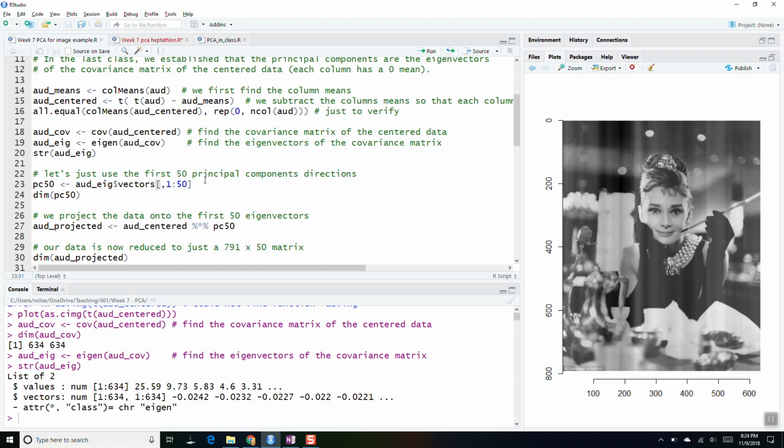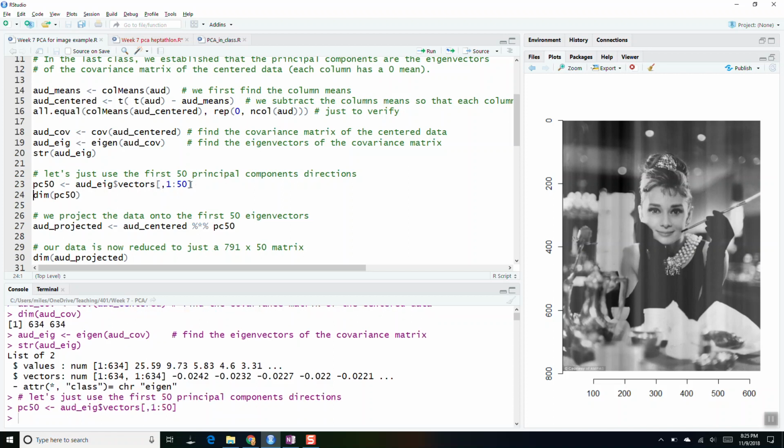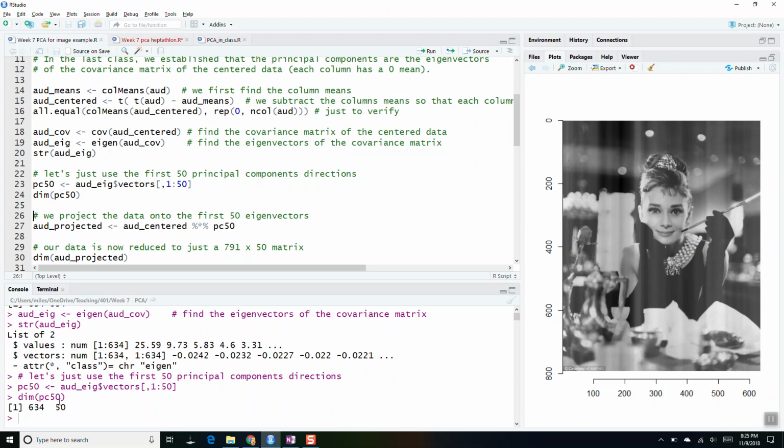So we're reducing the dimensionality of our data to less than 10% of the original matrix. So I'm going to keep only the first 50 eigenvectors, okay? And so here, PC50 is 634 by 50. So we've reduced the size of our matrix considerably, okay?